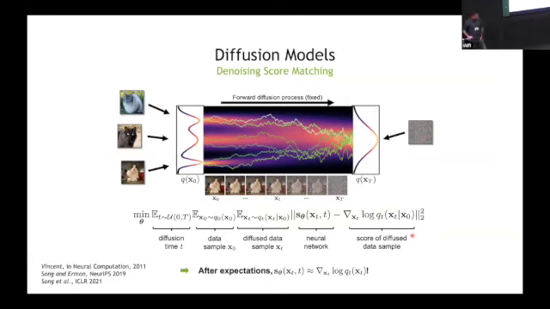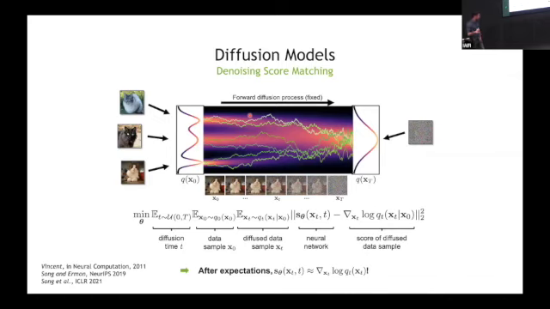So how do you do that? You can do this with denoising score matching, and denoising score matching works as follows. You first sample a diffusion time, t, from this expectation, somewhere along your diffusion process. You also take a data sample x0 from your data distribution. Now, this one particular data sample, you diffuse forward. So you initialize your stochastic differential equation that describes the forward process with this one data sample.